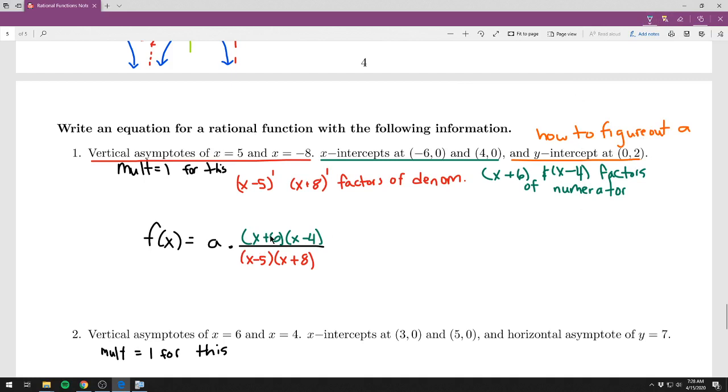Once you have all this figured out, plugged in, and it'll come pretty quickly, we want to figure out A, and we want to plug in x equals 0 and y equals 2. So we plug in x equals 0 and y equals 2 to get A.